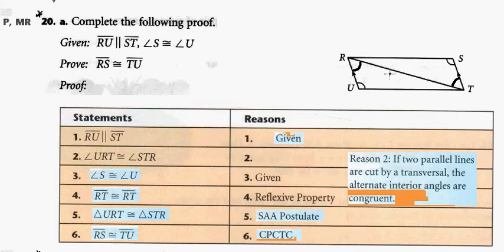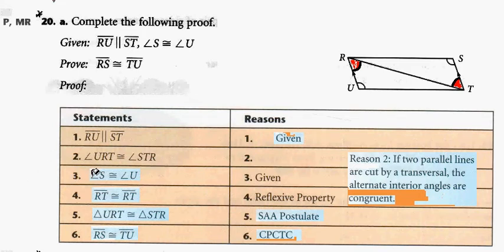And that's because if two parallel lines are cut by a transversal, the alternate interior angles are congruent. And you can see that this angle and that this angle are congruent, okay, because of that reason.